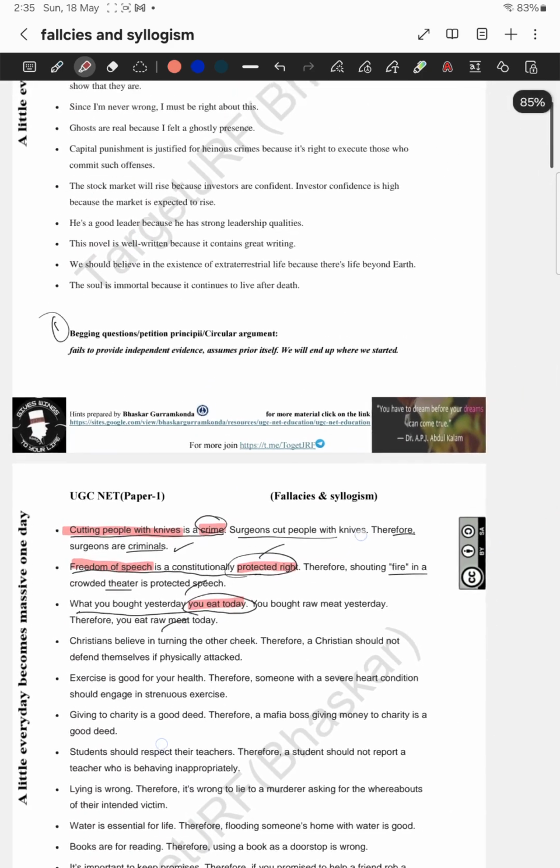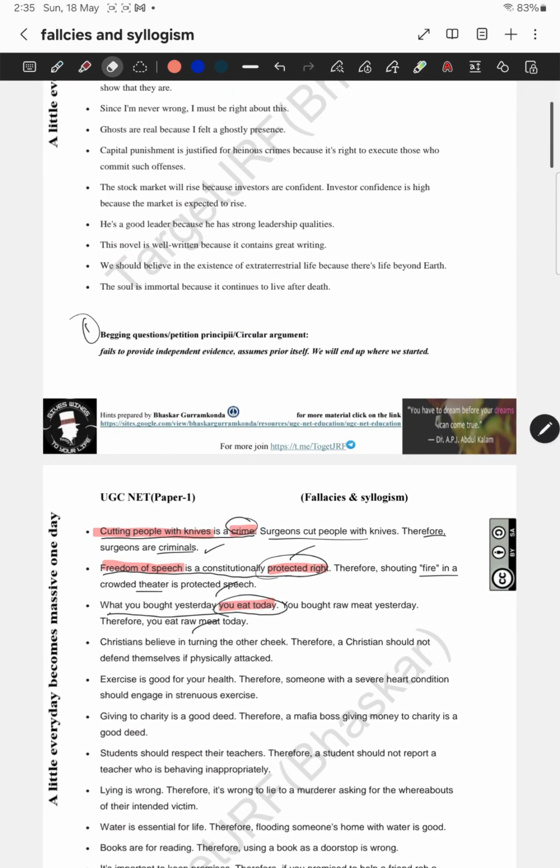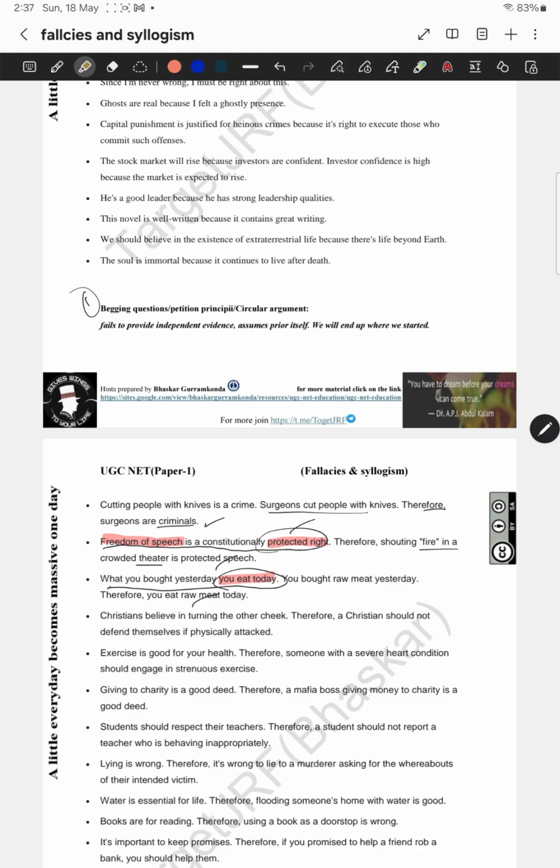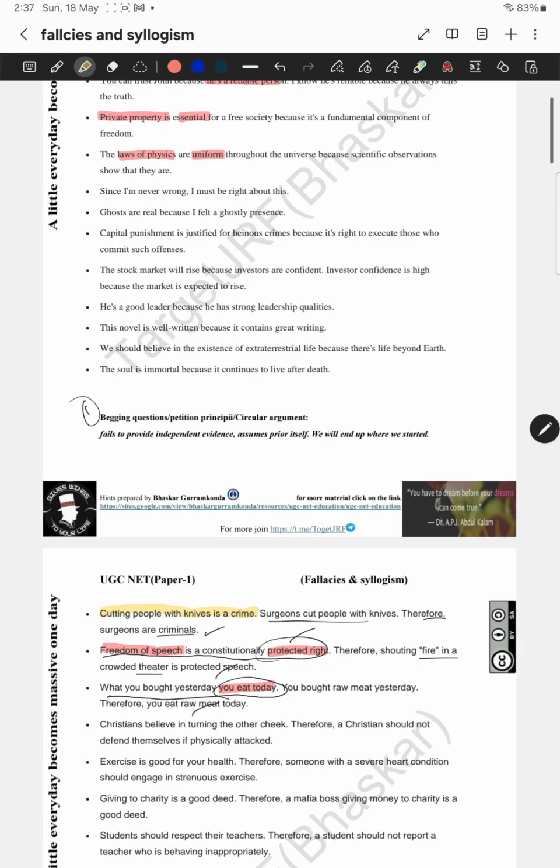Now you can clearly see the difference. Here, cutting people with a knife is a crime, they are assuming, and that is why it all falls under pre-assumption. But what is happening after that you should also identify. Surgeons cut people with a knife, therefore surgeons are criminals.